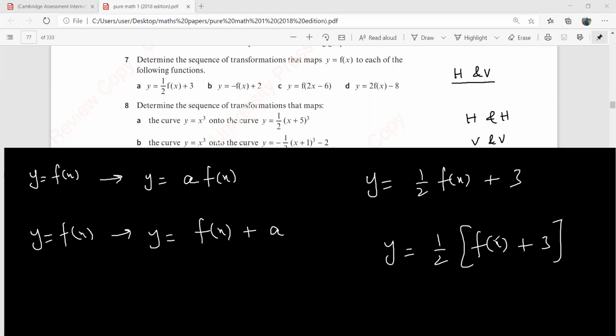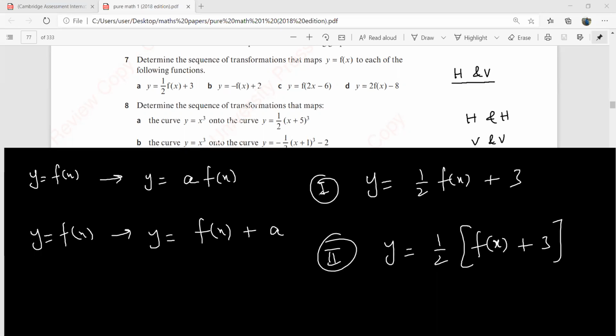So where do you think we have translated first, in the first equation or in the second? In the second. So here we are translating first and then we are stretching this vertically.